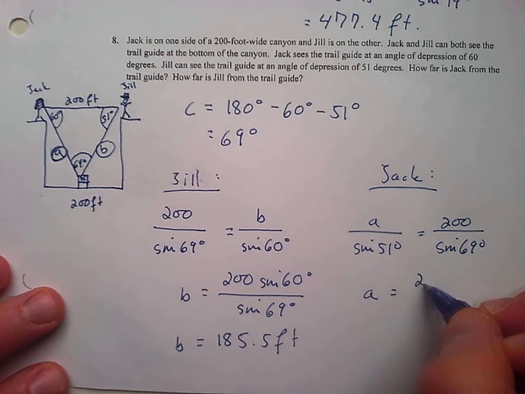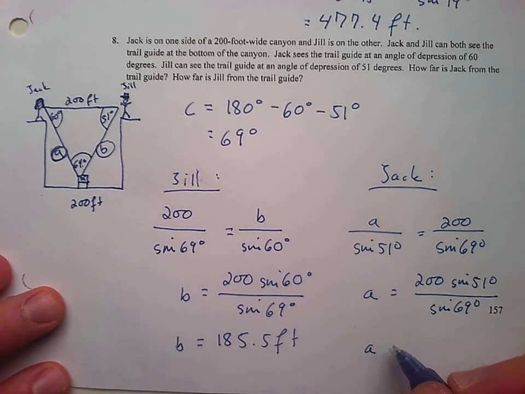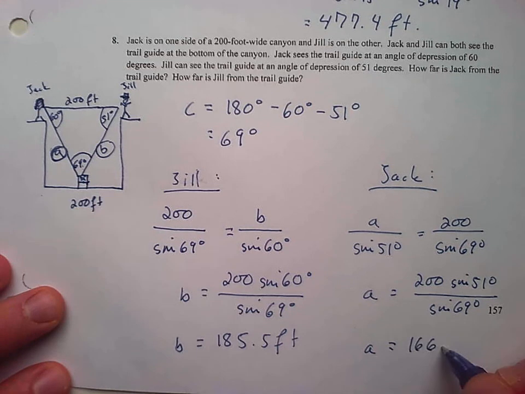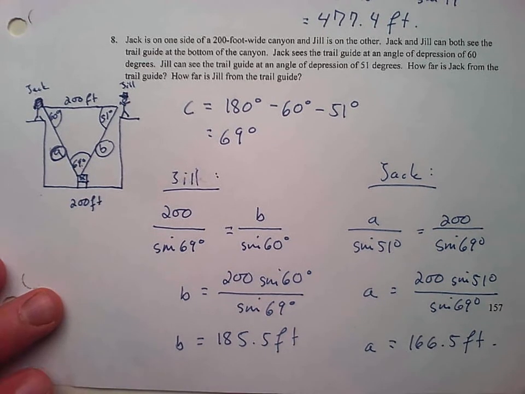If we solve for A, we're going to have 200 times the sine of 51 degrees divided by the sine of 69 degrees. So therefore, A comes out to be 166.5 feet.